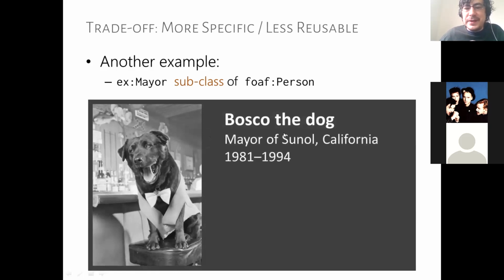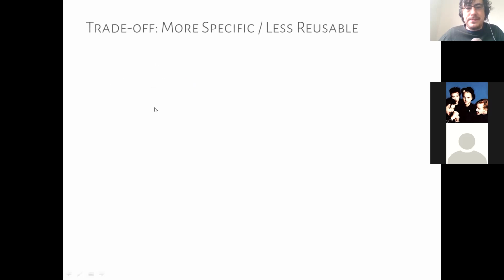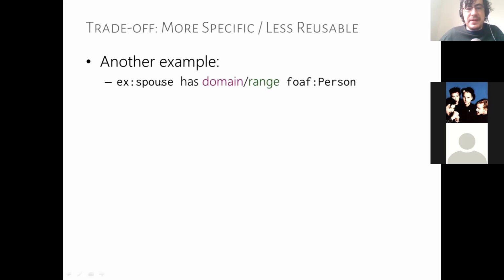For example, Bosco the dog was mayor of Sonoma in California from 1981 to 1994. So if we were to define this semantics, it would apply in 99% of the cases, but there will be some cases in which we can't use that class anymore because we're going to infer that, for example, Bosco is a person. Another example would be that spouse has domain or range persons. So you say somehow only people can get married.